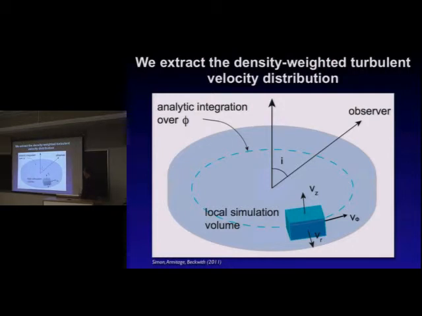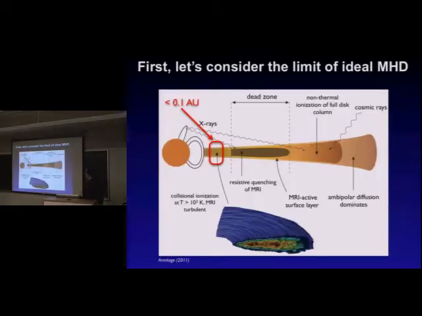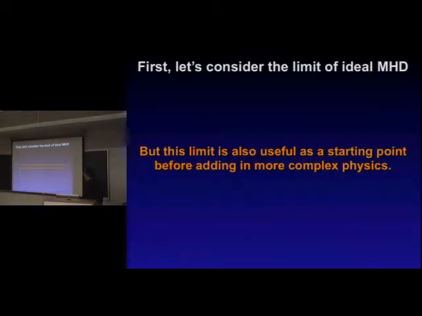And so you get a representative value averaging over time, and we also density weight this to account for the fact that you'll see more of the denser material if your optical depth can probe far enough in. And so let's first consider the limit of ideal MHD, close to the star, but it's also useful as a starting point.